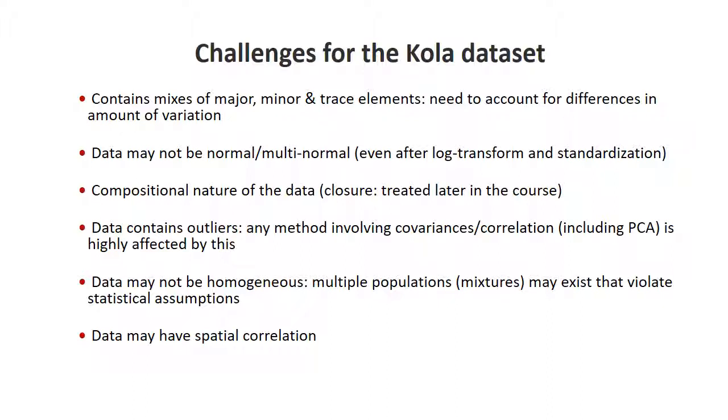As I mentioned before, outliers are a big problem with any kind of covariance-based methods, and so removing them from the analysis, at least in terms of calculating the covariance, is going to be important. There may be multiple populations that exist, etc., and data may have spatial correlation, which is also something that we assume is not occurring, because spatial correlation means the samples are no longer identically and independently distributed.